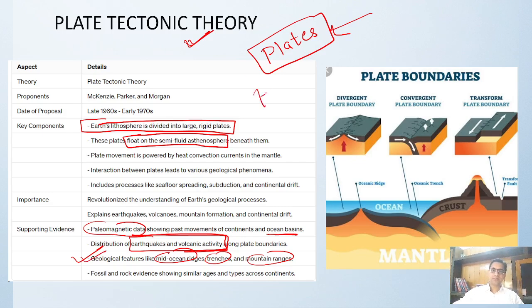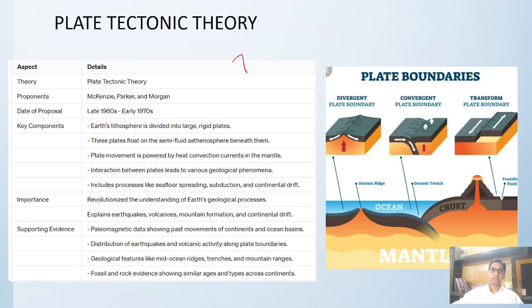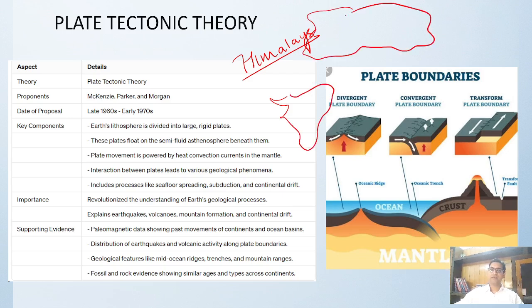You know, we have the Himalayas. I wanted to give you an example. When the India part was moving towards Asia, this was Eurasia, sorry, Eurasia, and this is India. Between Eurasia and India, there was a big ocean.